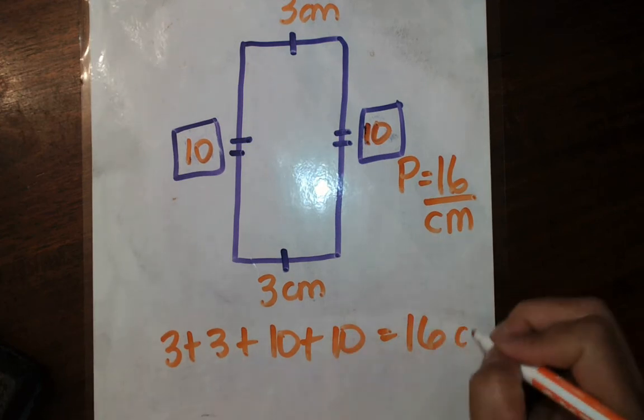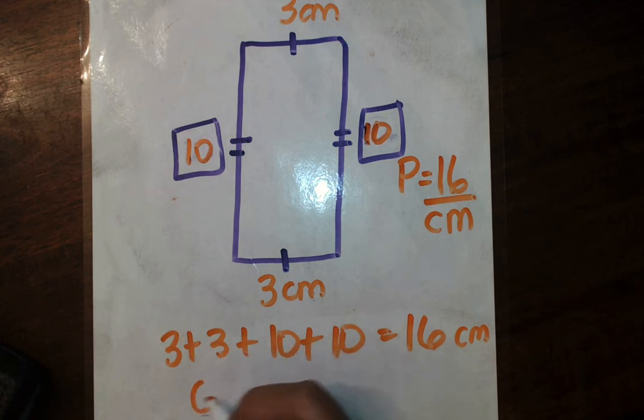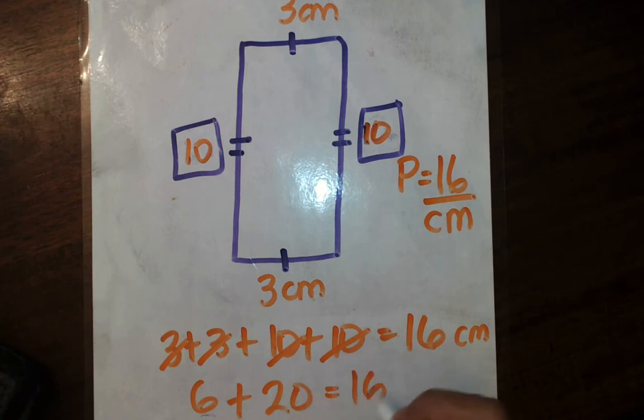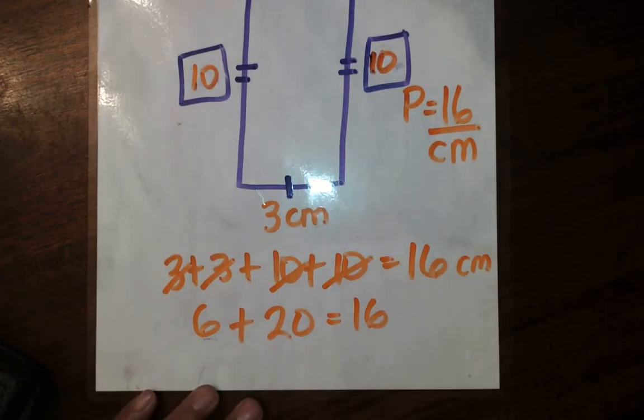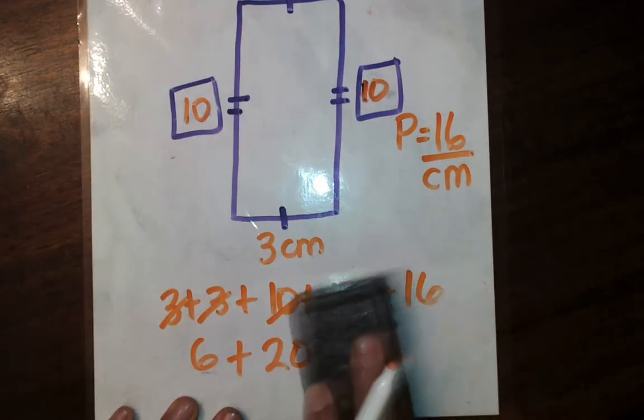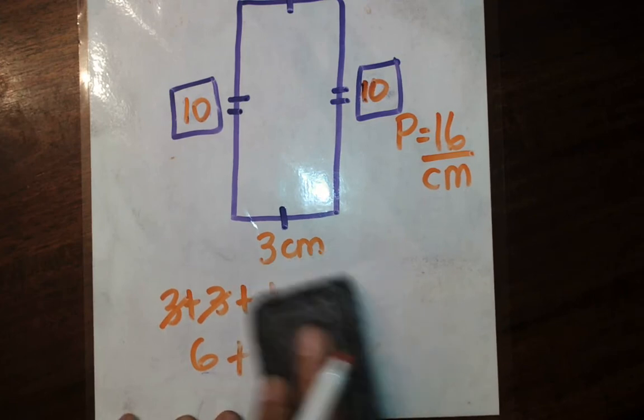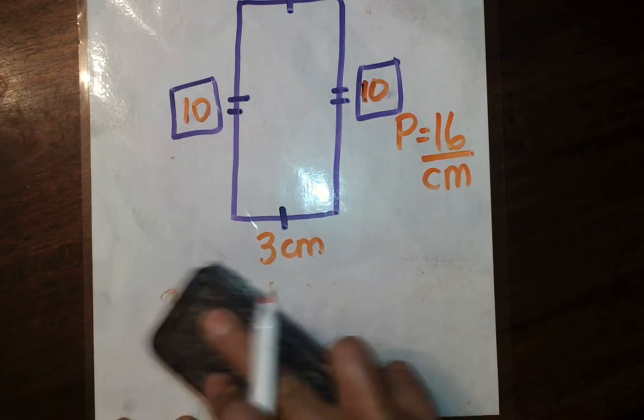Let's see. 3 plus 3 is 6. 10 plus 10 is 20 equals 16. Does that look like it's correct? No, right? So I got the answer of 10, but what does that mean for these two sides that are equal?